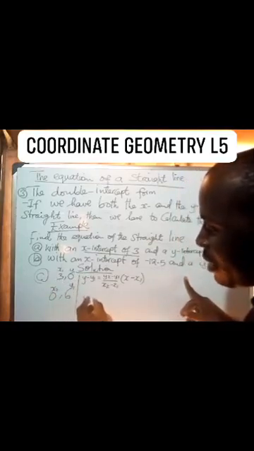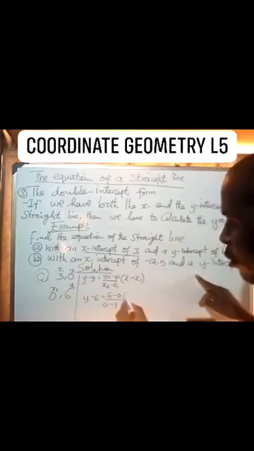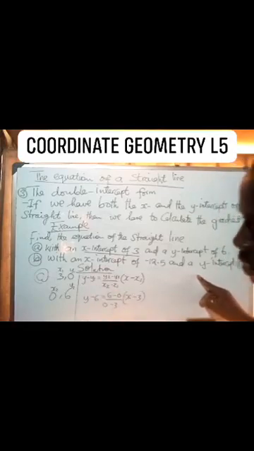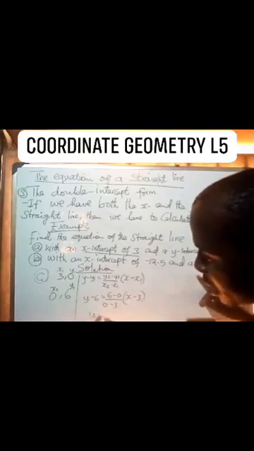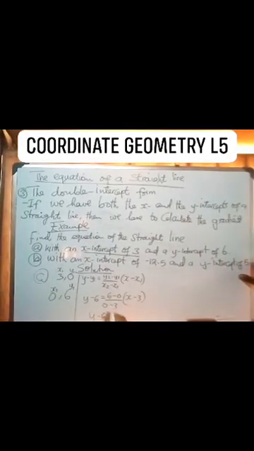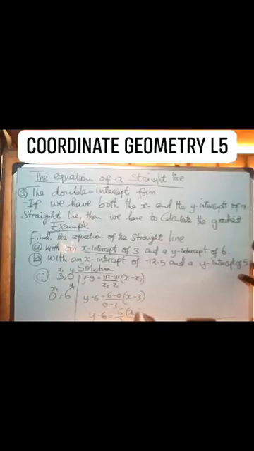So we are going to have y minus 6 is equal to 6 minus 0 over 0 minus 3, open bracket, x minus 3. So y minus 6 is equal to 6 over negative 3, open bracket, x minus 3.